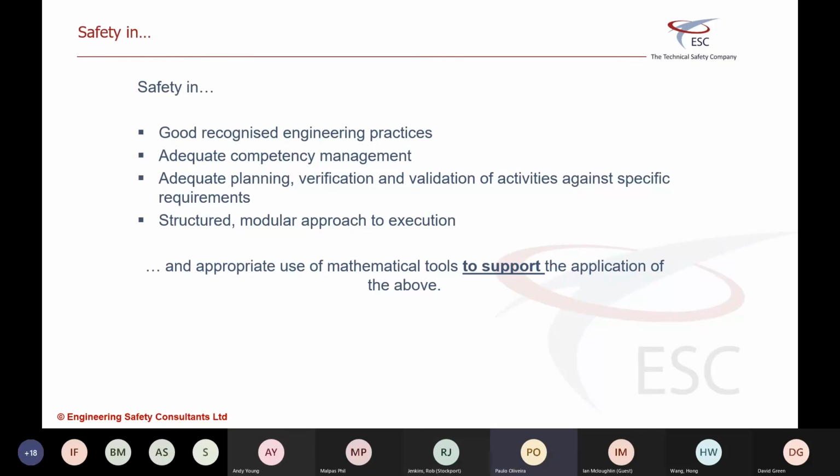So safety is in our overall ability to demonstrate that not only we understand the targets, but we understand that the targets are there to guide us to everything else that needs to be in place to make sure that those systems are available and will do what we need them to do.